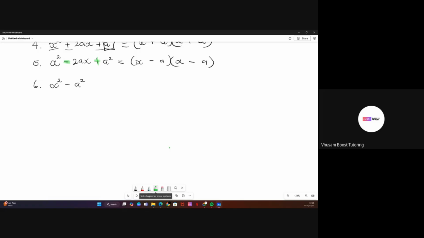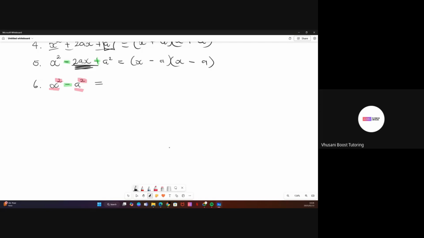A difference means it's a subtraction of 2 squares, right? Do you guys see it? That's literally what it means. So when you see something like that, and you see that you do not have a middle term like the others, then you know that you have a difference of 2 squares.